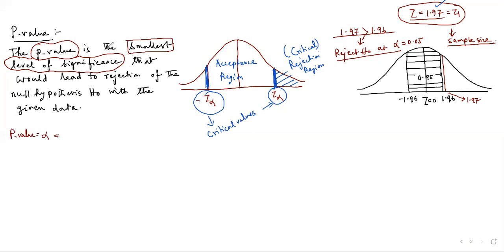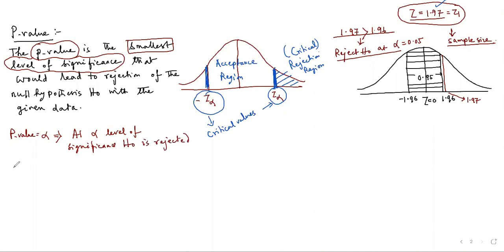Now, according to the definition, at alpha level of significance, H naught will be rejected, isn't it?